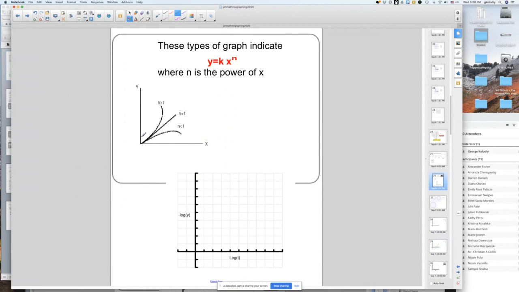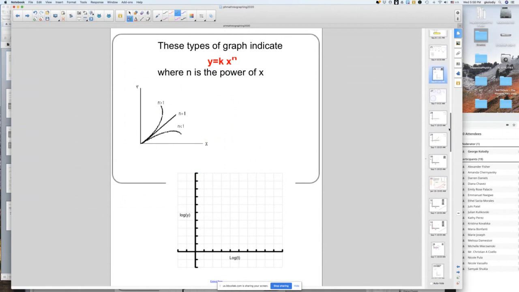And if it curves away like this, then that power is bigger than 1. If it's equal to 1, it's a straight line. That means the power is equal to 1. And if it curves down, it means the power is less than 1. And don't ignore the other graph. That's what happens here.